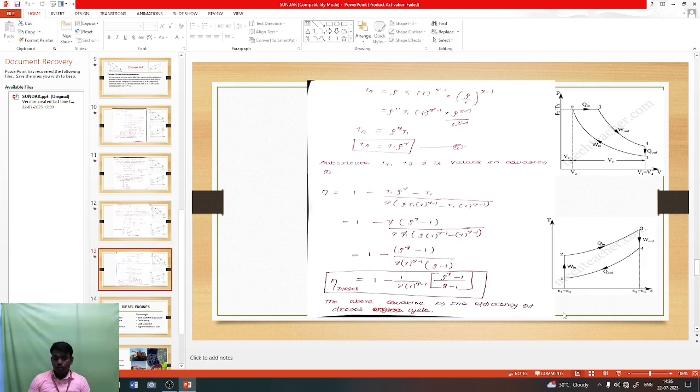So this is the equation for efficiency of diesel cycle in terms of volume ratio. I hope the students have understood this. Now I will explain the advantages, disadvantages and finally the applications, then I will complete my presentation.